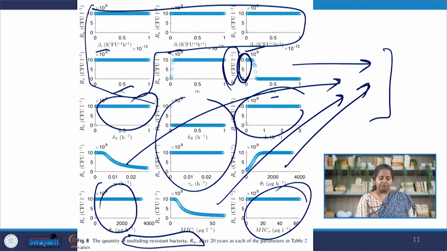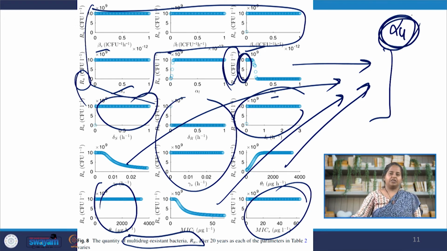We can see 10 to the power 9 orders of magnitude of difference in RU, which is the quantity of multi-drug resistant bacteria. So, we need to be very careful about our estimation of alpha U, and we can also say that interventions that change alpha U, that increase alpha U, can have very dramatic impacts on the total level of antibiotic resistant bacteria.